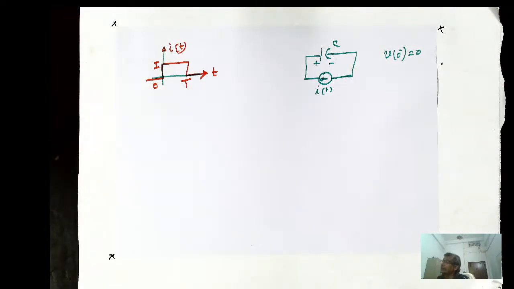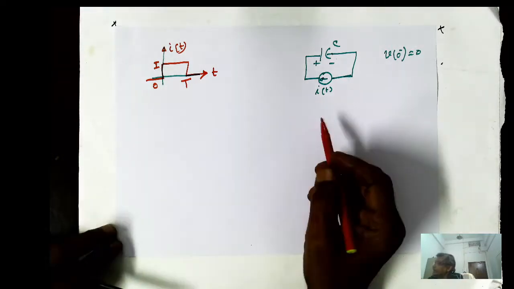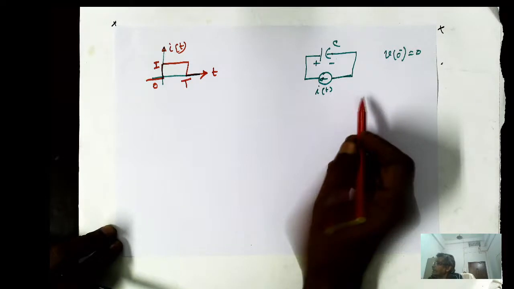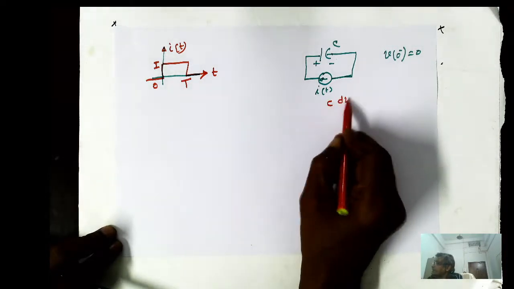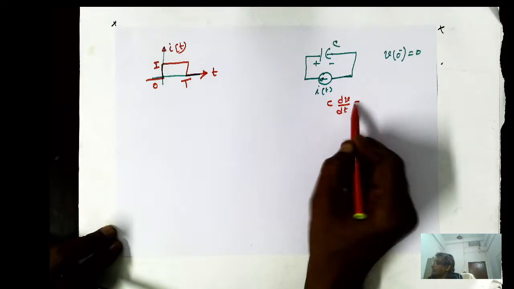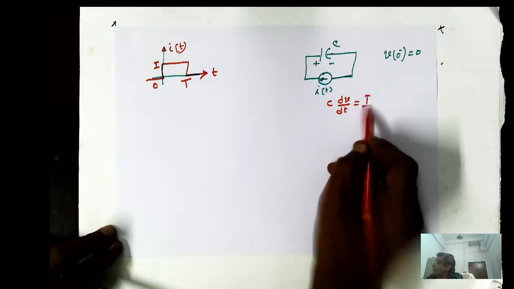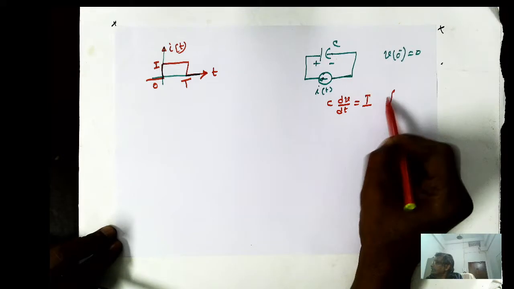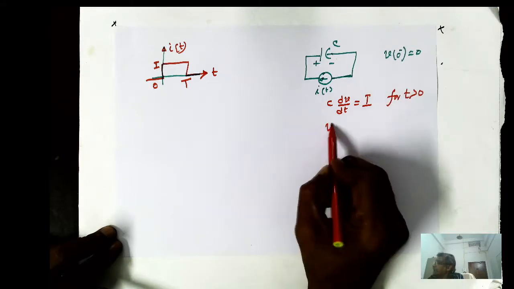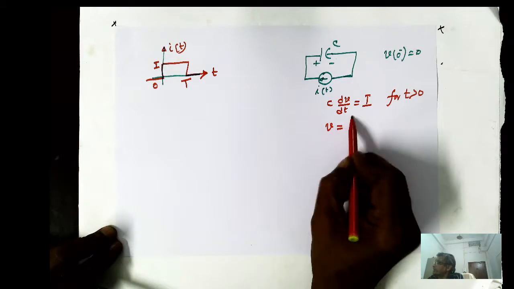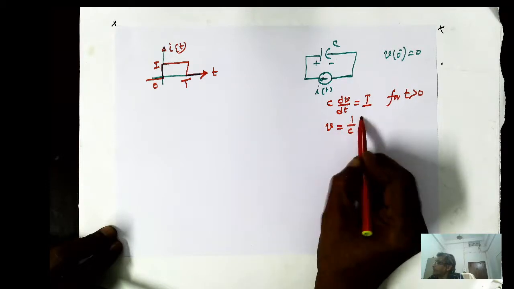Then you can easily see that in this particular case, C dV/dt is I, which is constant for t greater than 0, and V will then be equal to 1 over C into I into t.